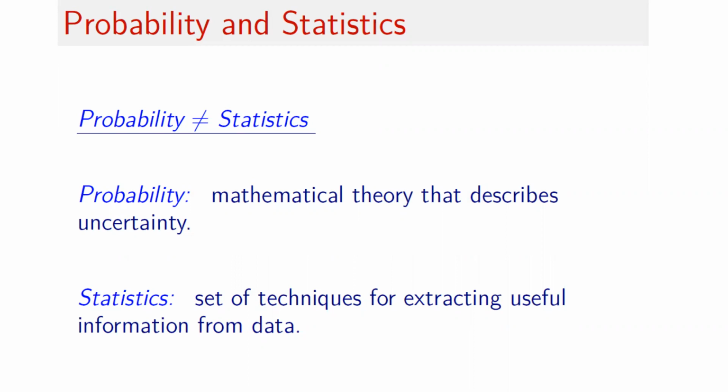So if you say that the next time you will obtain heads because you saw that the times before you obtained heads, you treated this question as a statistics problem.